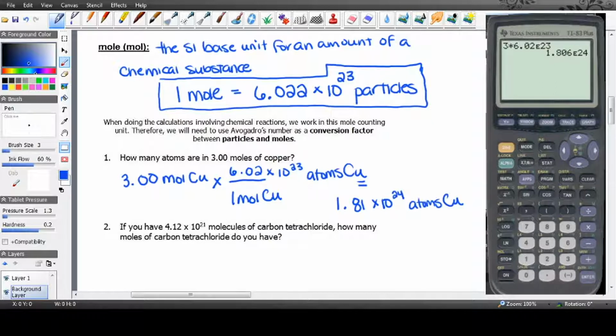Okay, so you start with your given value, you plug in your conversion factor, you make sure you round to the correct number of sig figs, and include units and a substance in your final answer. And remember, your units are canceling top to bottom.